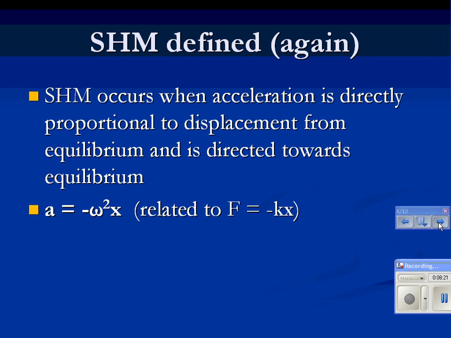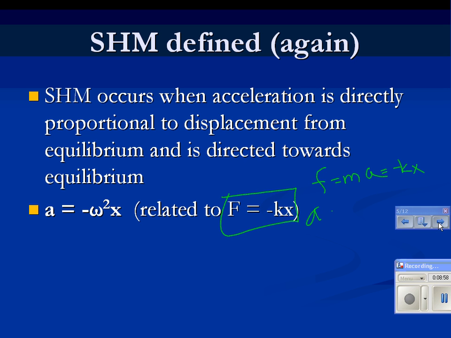From that, you get this equation, a equals negative omega squared x. That is the defining equation for simple harmonic motion. It's related to this equation, F equals negative kx. Where did that come from? Force of a spring. And what law was that? Hooke's law. Excellent. So this is Hooke's law, the force that a spring or an elastic system will generate. Take a look here. So I have this, and I have Newton's second law, F equals ma. But F equals negative kx when I talk about a spring. So I can say that ma equals negative kx.